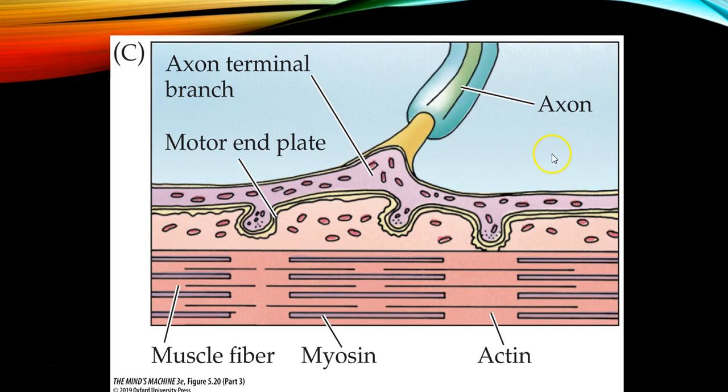And again, here we've got an axon that terminates or ends in contact with a muscle fiber, and the type of neurotransmitter that's released is acetylcholine, and that's going to cause the muscle to move.